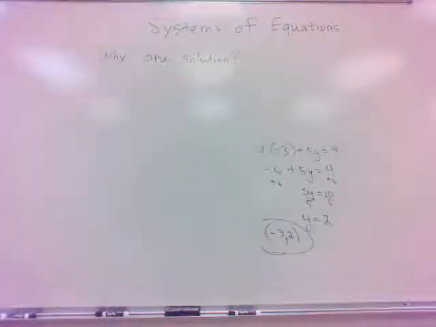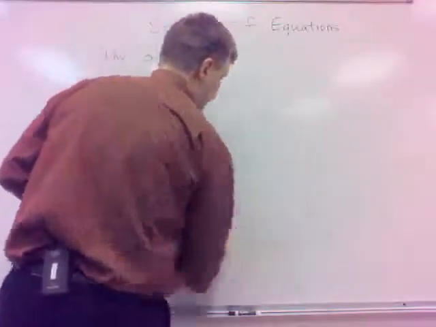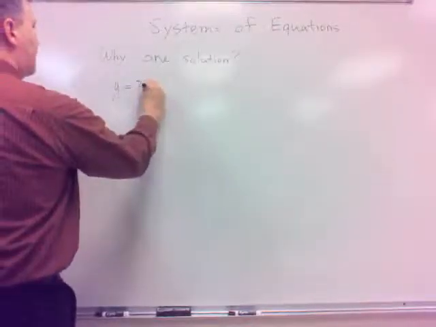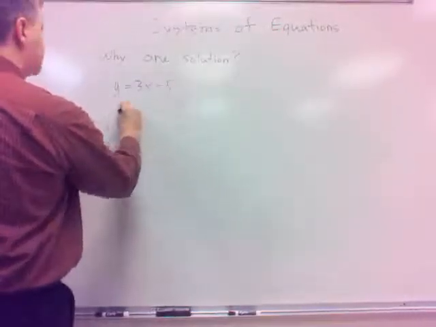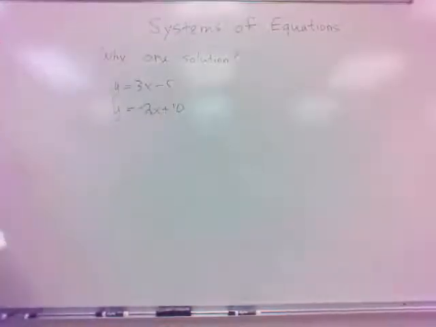Why is that? Well, let's take a look at another one. y equals 3x minus 5, and y equals negative 2x plus 10. First of all, let's think about how you are going to solve that one if we were told to solve it.